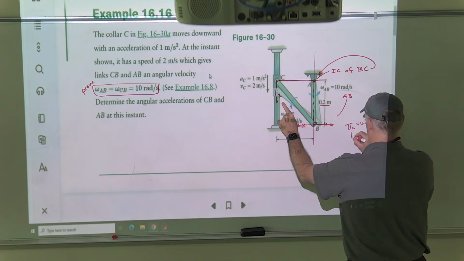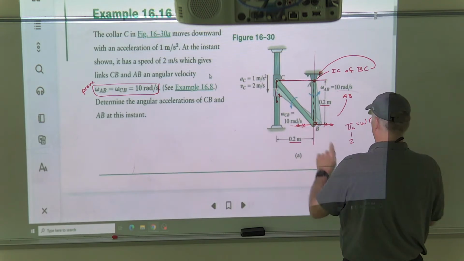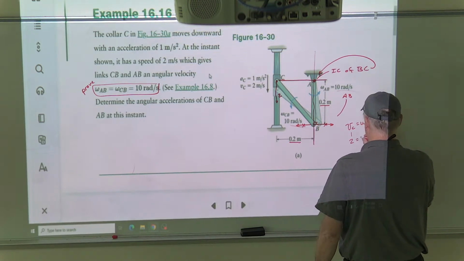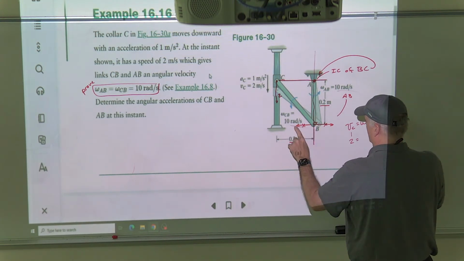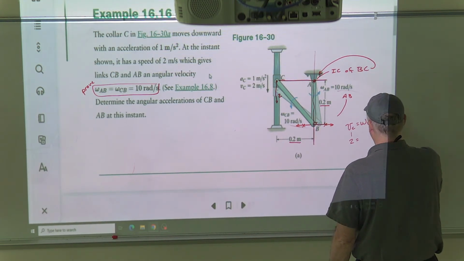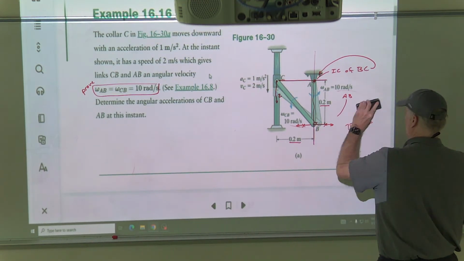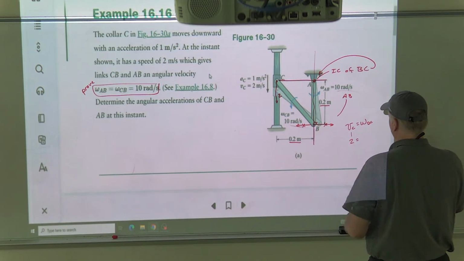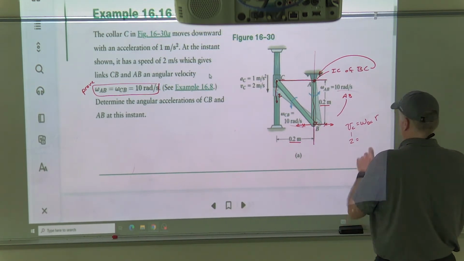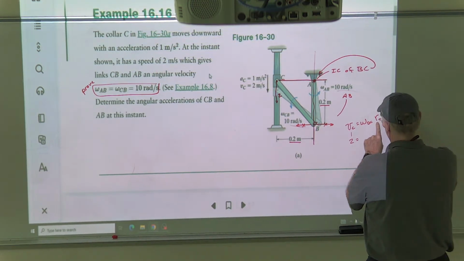So that velocity is 2. It came from the problem statement. When I'm looking at the omega, here, let me put the subscript here. This would be omega BC or omega CB. It doesn't matter which one it is. He's listed it as CB, but it doesn't matter. Times r. Now this is the r from the instant center to the point C.